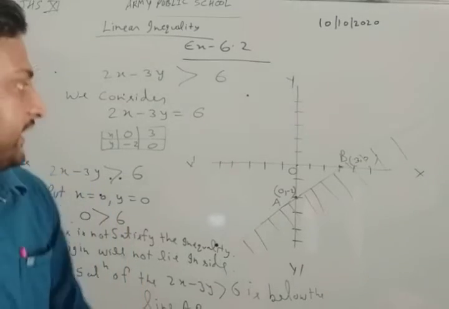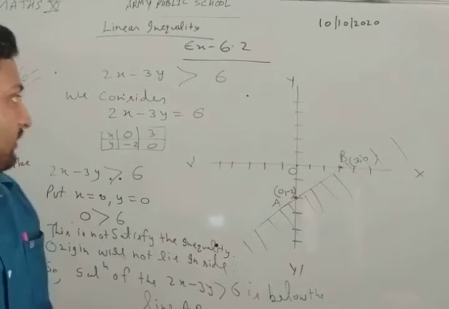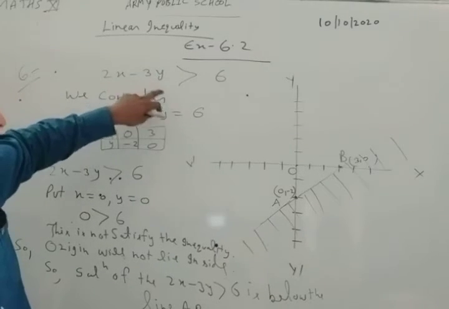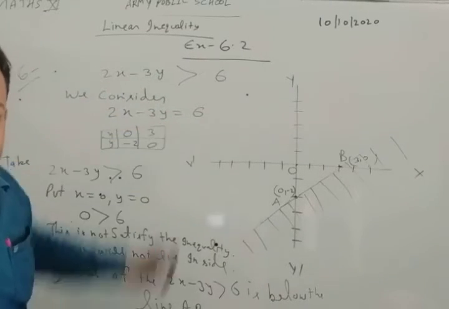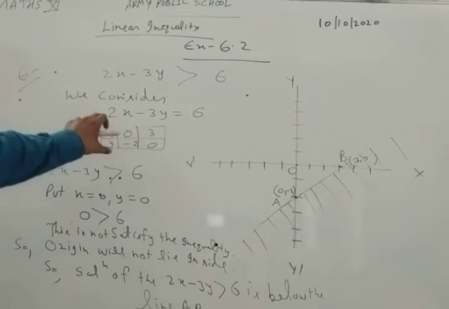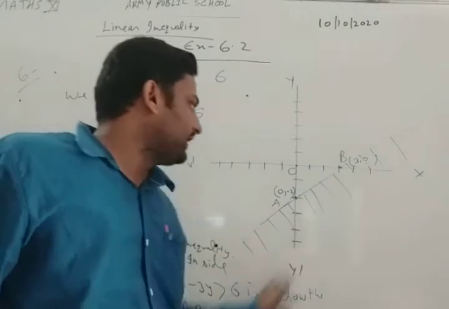Any doubt in this question? What we have done? The same procedure. We consider the inequality as an equality, take the points and draw the graph of this line.